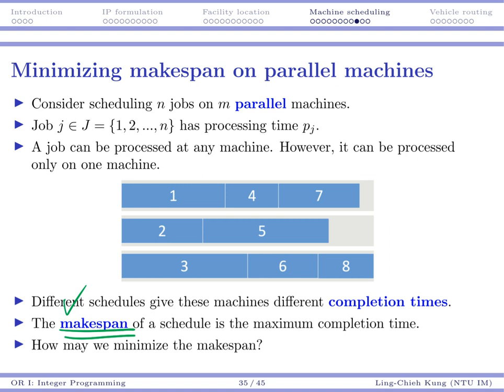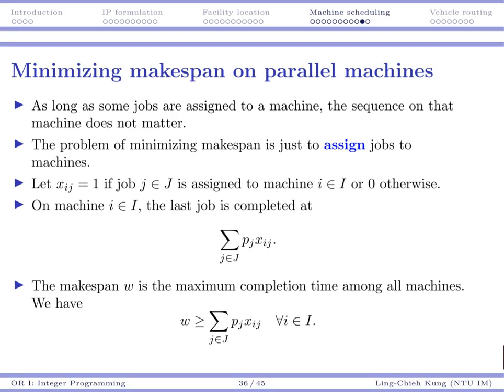Now let's try to formulate this problem. We want to minimize Makespan. As long as some jobs are assigned to a machine, we know the sequence on that machine does not matter, because we only care about when the last job is finished. There's no reason not to start your next job once you complete the current job.